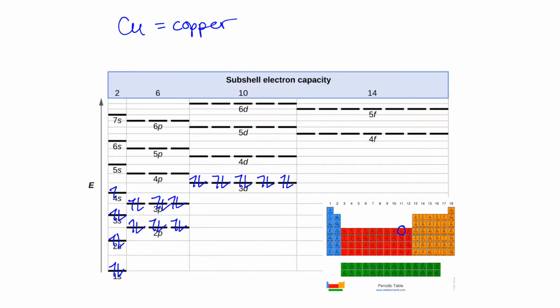What copper likes to do is to promote that 4s electron over into its 3d orbital, so we end up with a fully filled 3d subshell and a half-filled 4s subshell. Again, just energetically more favored than having that slightly underfilled d subshell.